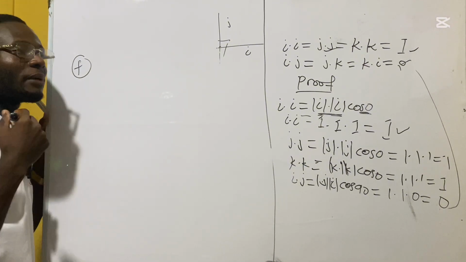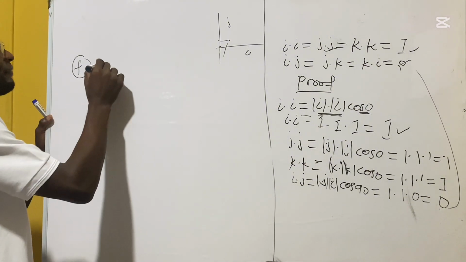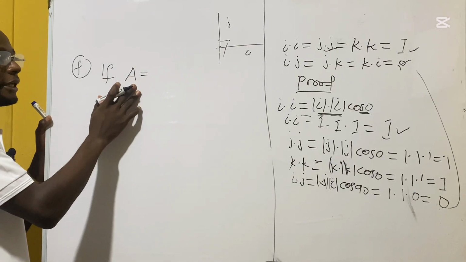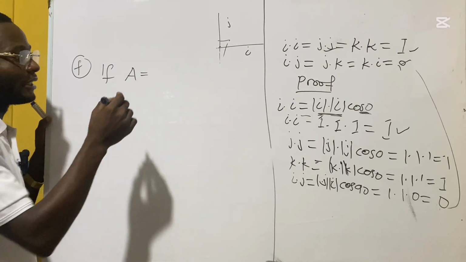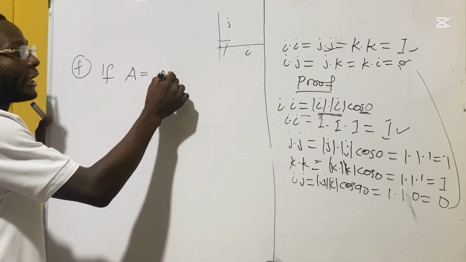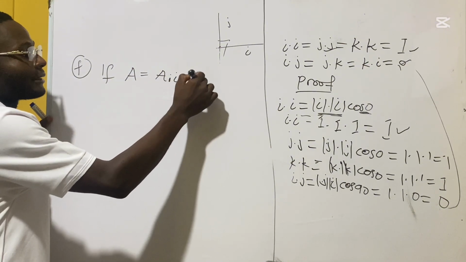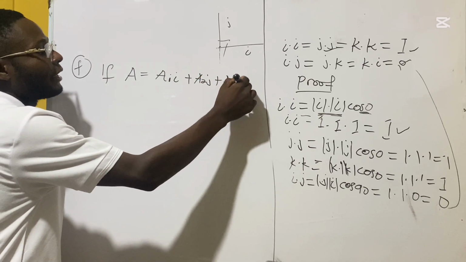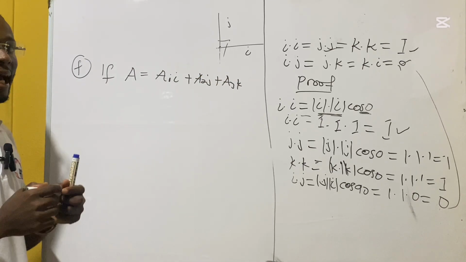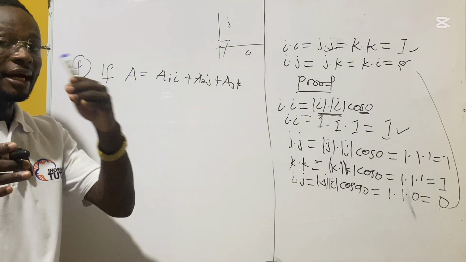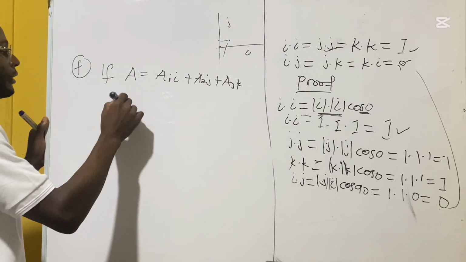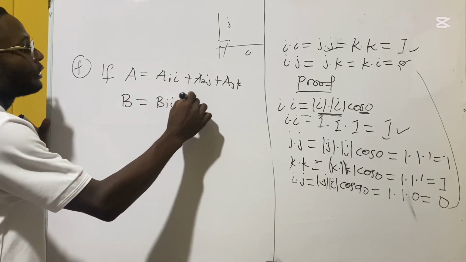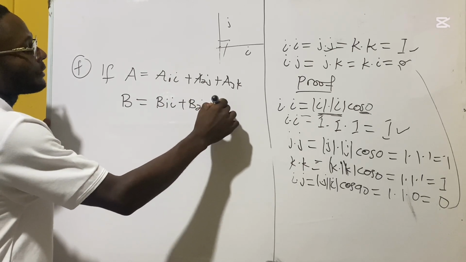Okay, so property F is if, for instance, you have A equals some position vectors, say A1 i plus A2 j plus A3 k. Then you're having another vector, say B, B1 i, B2 j plus B3 k.